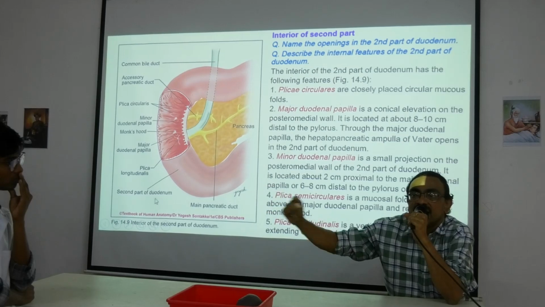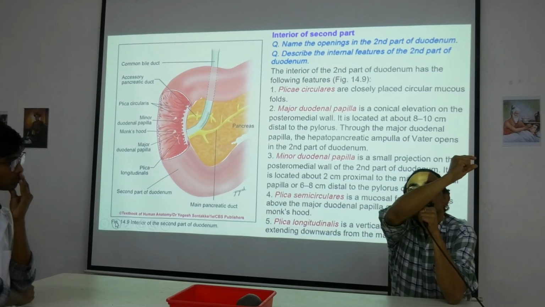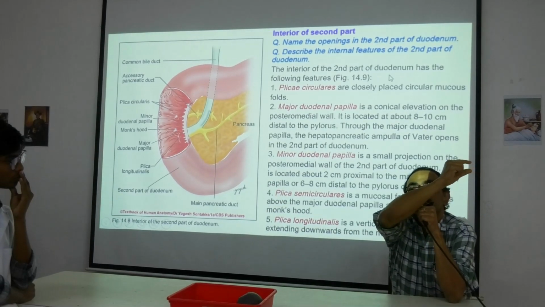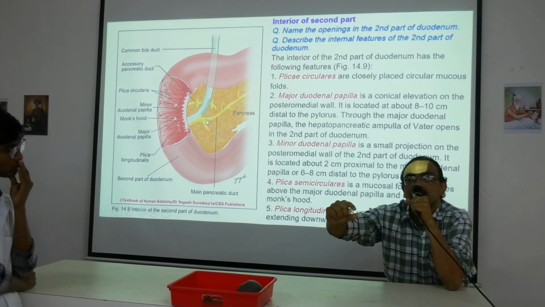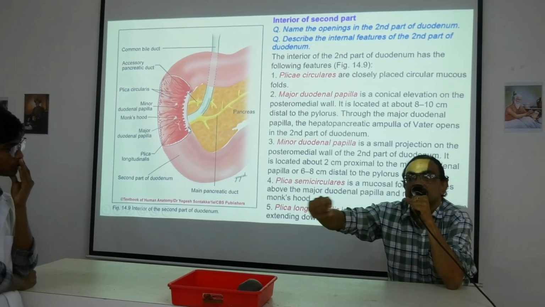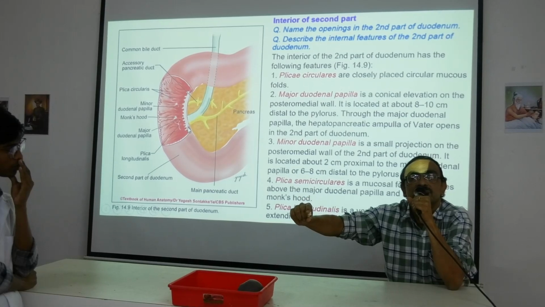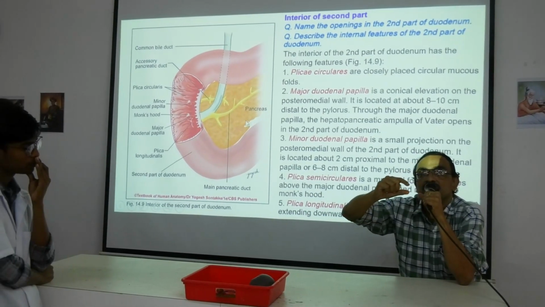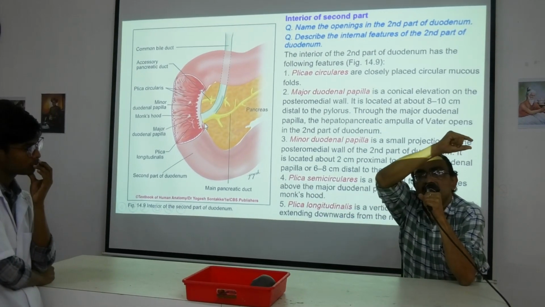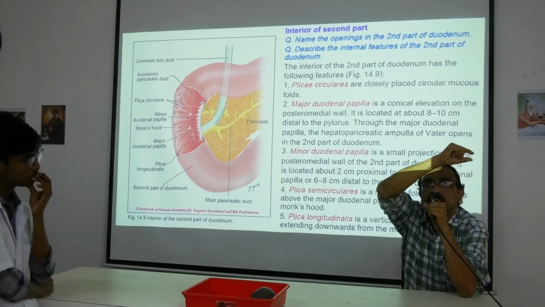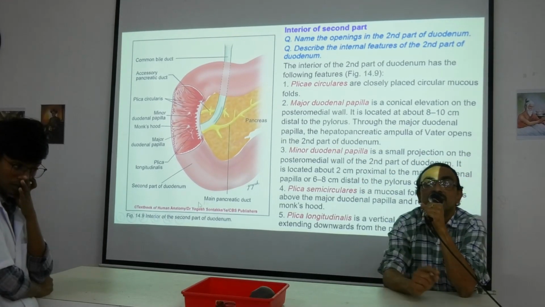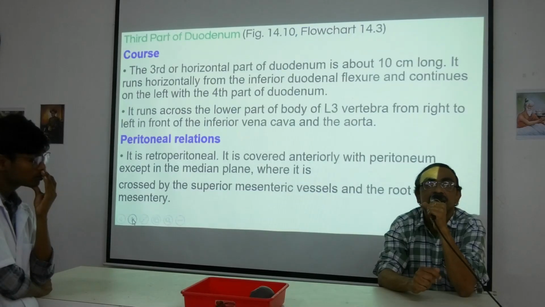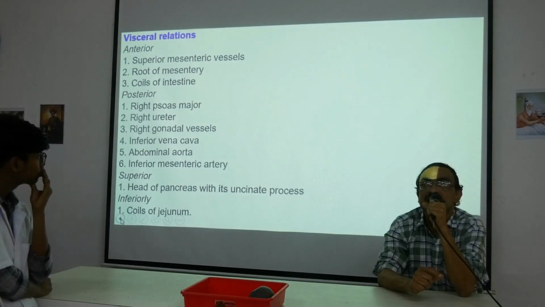So the pancreatic duct starts from the tail of the pancreas, it goes downwards and towards the left side. Okay. We know the tail starts from the hilum of the spleen.